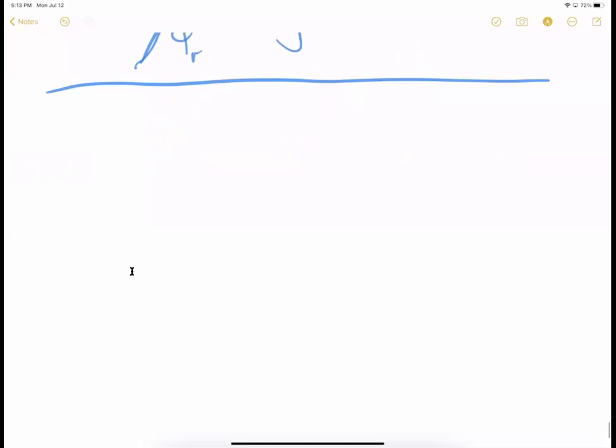Okay, so let's just try an action, and there's a fairly natural thing to write. For a Yang-Mills field, something like the trace of the field strength wedged with the dual of the field strength.